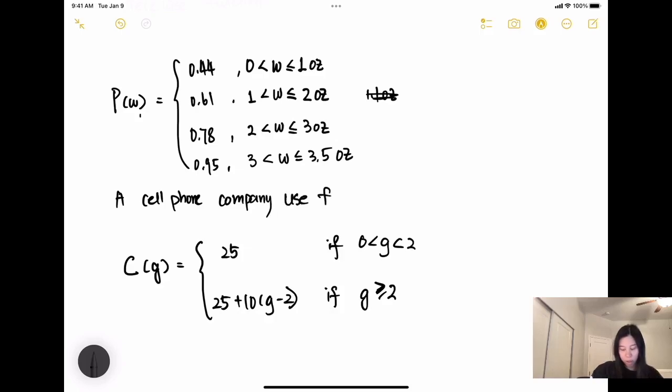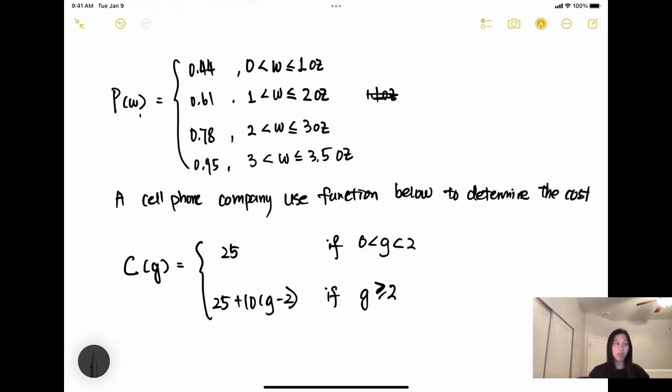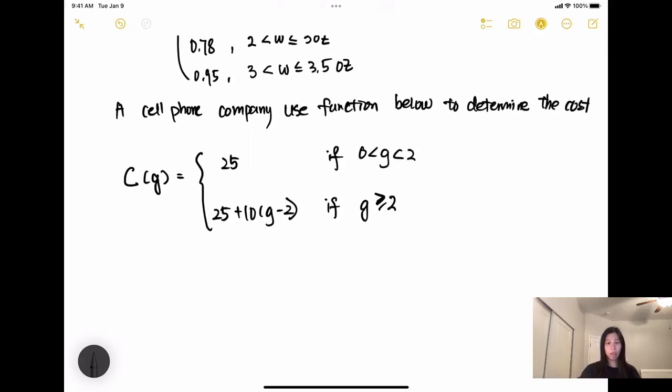Use the function below to determine the cost. C means the cost, G means the gigabytes of data that you transfer. This is really common in day-to-day life, such as your water consumption. They don't charge you just a flat rate.